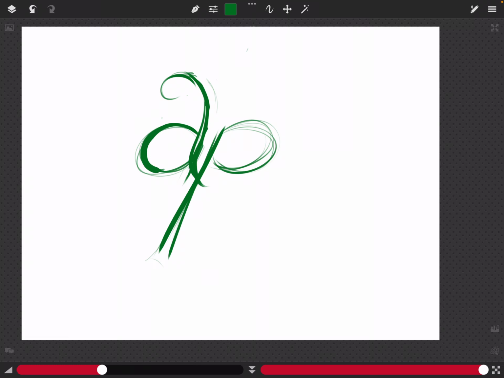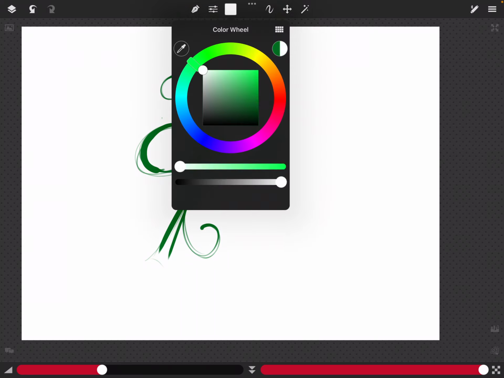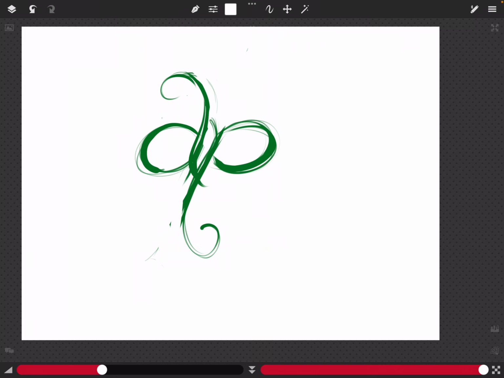So can we do the same thing with the P? Can make a little serif up at the top like this. Here's our P. Now can I have the P do this? Is that going to look like a P? Kind of. Kind of looks like a P.